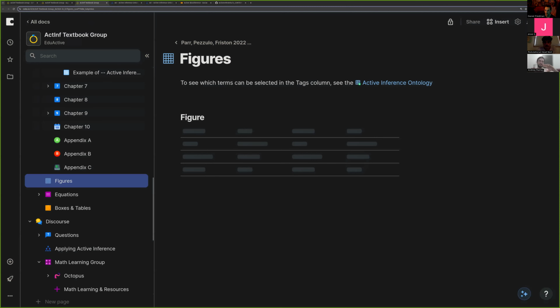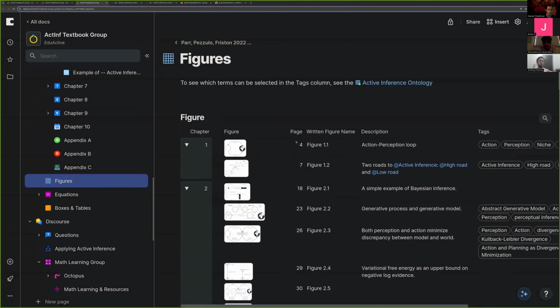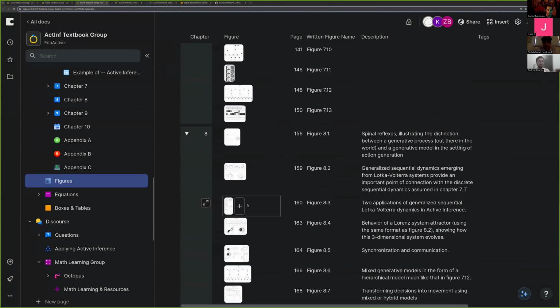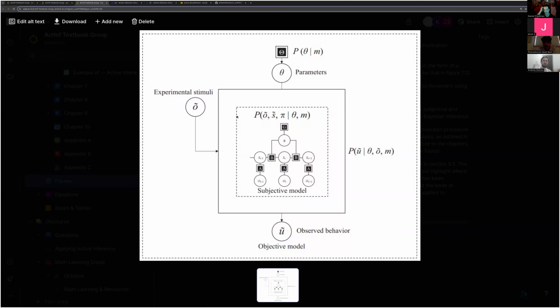But then there's a square around it, making the point that this is what we, the scientist or experimenter, think is the model of the agent.